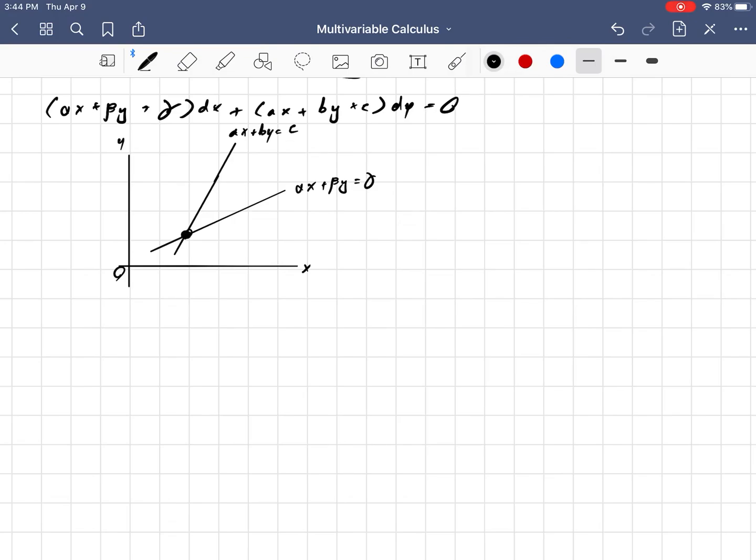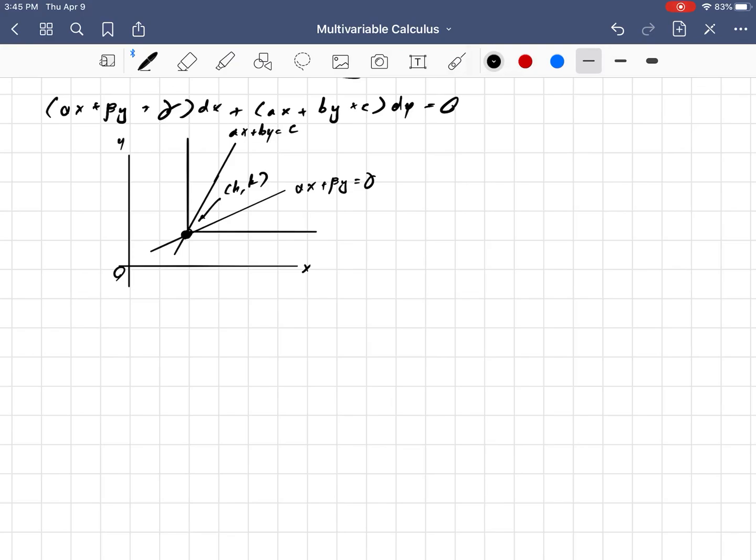And this is ax plus by equals c. So they intersect at a point, and this is the point. Let's call this point h comma k. If we translate our coordinate axes so that, let's call them new axes.